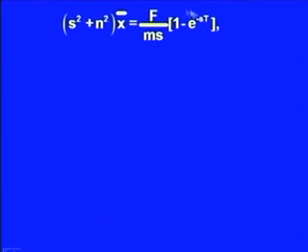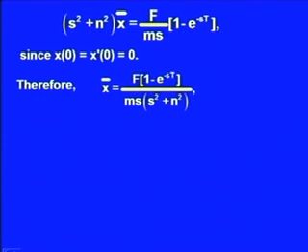So, the right hand side gives us F over m s into 1 minus e to the power minus s t, after we make use of the given initial conditions, that is x at t equal to 0 is 0 and x dash at t equal to 0 is 0. Now, solving for x bar, we get x bar equal to F into 1 minus e to the power minus s t over m s into s square plus n square.